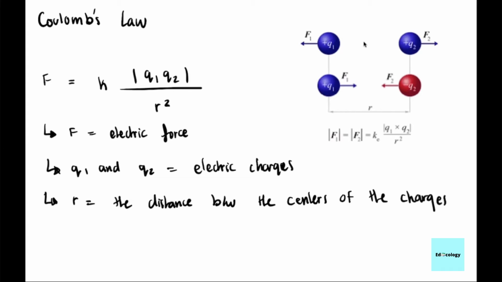Now, K, we're going to talk about K later, but K is basically the Coulomb's law constant, okay? Now, let us talk more about K. Its value depends on the medium that surrounds the charges, okay?